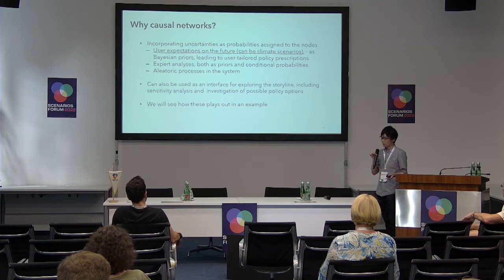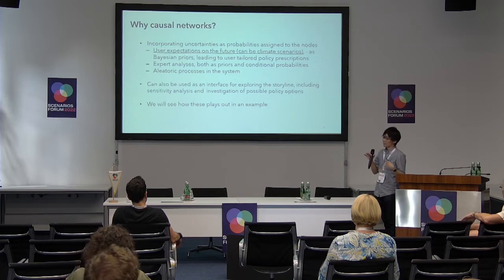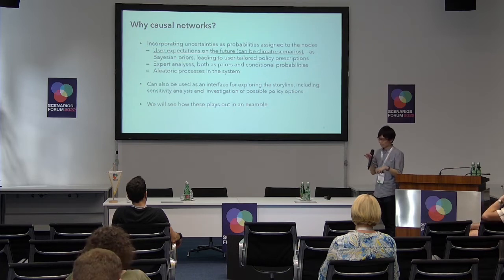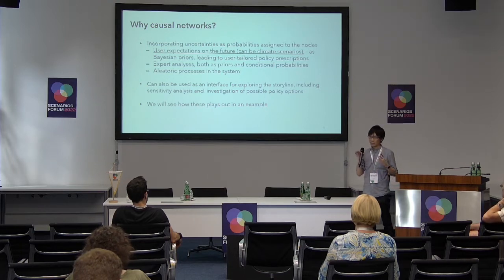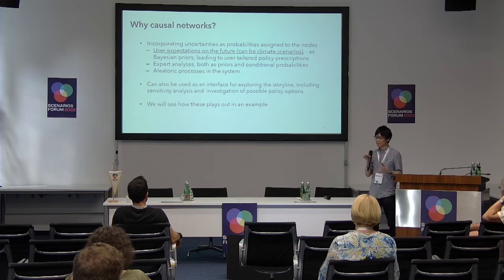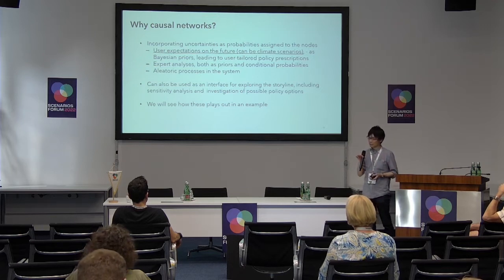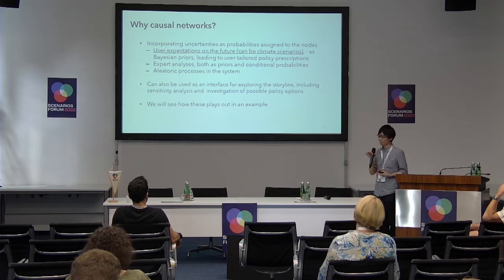The probabilities corresponding to the uncertainties can be assigned by expert analyses, but they could also be assigned, and this will be some focus of my talk today, by users using the causal network. We have stakeholders and policymakers in mind here, but user expectations can go into the causal network as probabilities, giving user-tailored policy prescriptions coming from the causal networks. We'll see this in an example later.